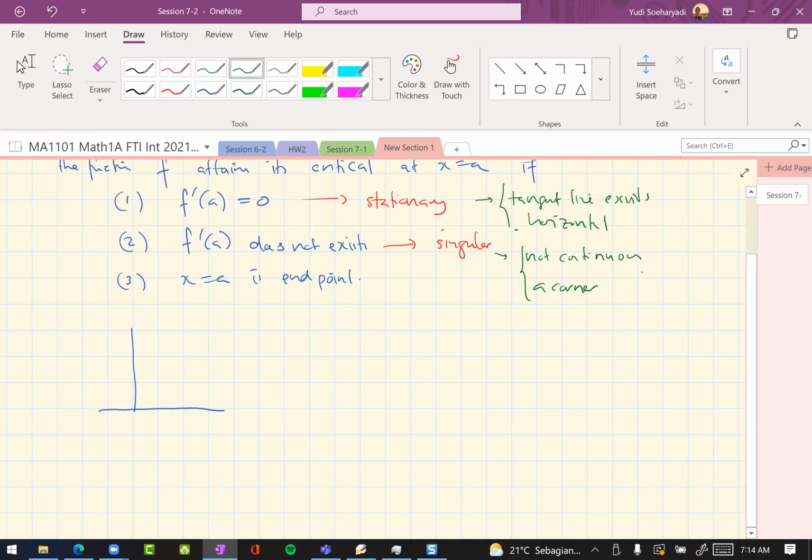So in stationary, this is the case, or something that looks like this, or there. Because if you think about the tangent here, there, or there, it is a horizontal tangent.